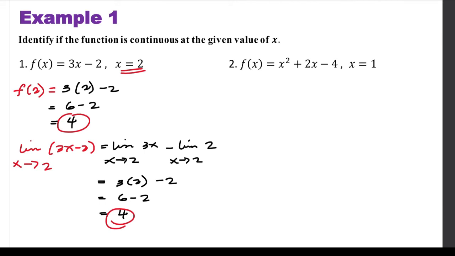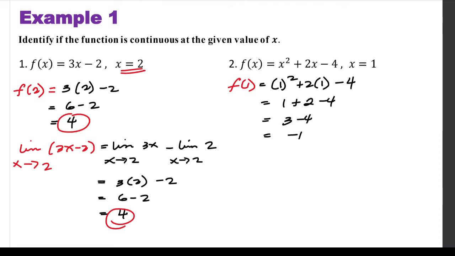Let us try this function, x squared plus 2x minus 4 at x is equal to 1. So let us have f of 1. So we have 1 squared plus 2 times 1 minus 4, and therefore we have 1 plus 2 minus 4. So this will be 3 minus 4, and we have negative 1. So let us get the limit of x squared plus 2x minus 4 as x approaches 1.